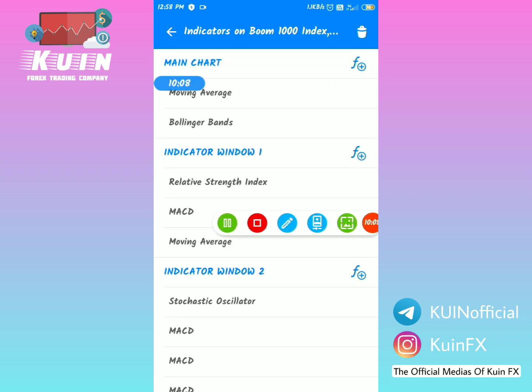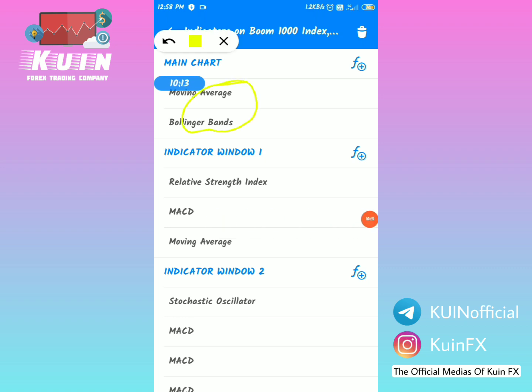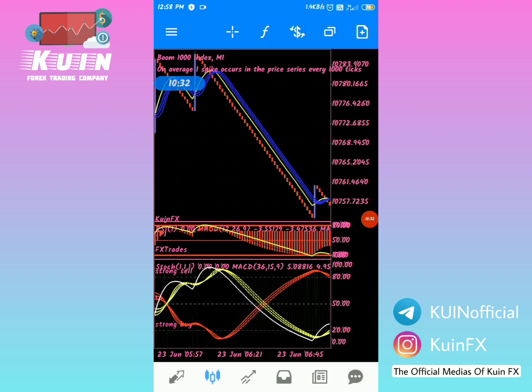But we remind you, when you set this main chart setting, first you set this moving average. If you do not set this moving average first, you will never apply Bollinger Bands like this.